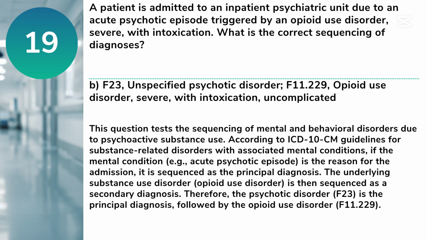According to ICD-10-CM guidelines for substance-related disorders with associated mental conditions, if the mental condition, e.g., acute psychotic episode, is the reason for the admission, it is sequenced as the principal diagnosis. The underlying substance use disorder, opioid use disorder, is then sequenced as a secondary diagnosis. Therefore, the psychotic disorder, F23, is the principal diagnosis, followed by the opioid use disorder, F11.229.